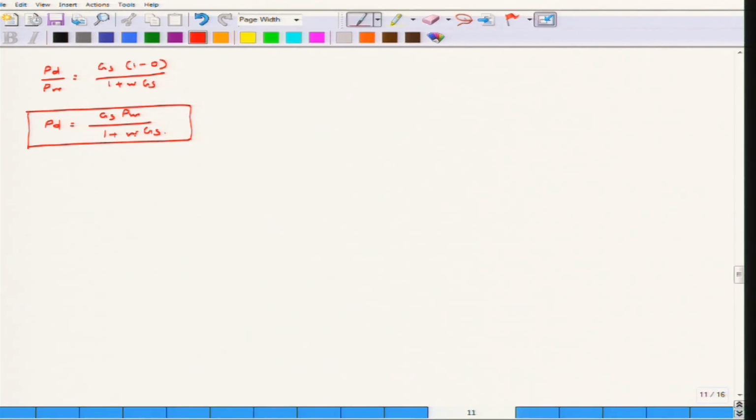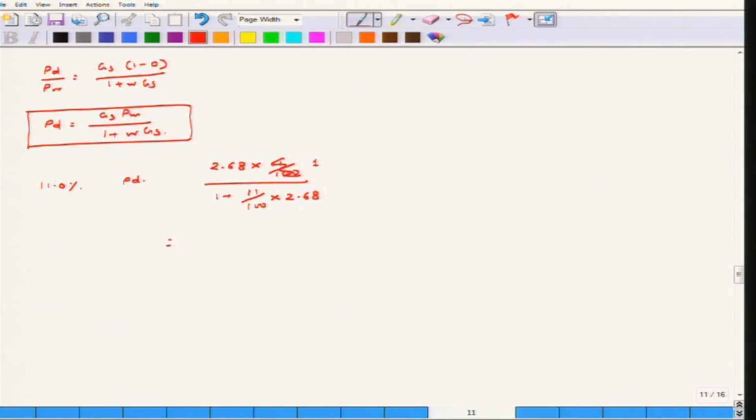Now for different water contents, let us say that your water content is 11%. Then for the zero air void line you will get rho D, with GS already said to be 2.68, as 2.68 into rho W, where rho W is 1 gram per cc because we are writing in terms of gram per cc, divided by 1 plus 11 by 100 into 2.68.